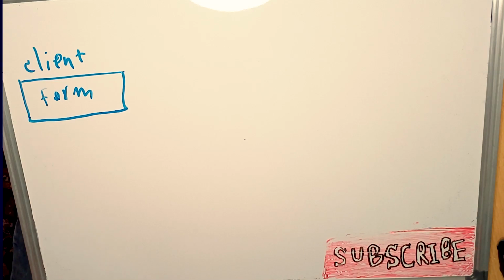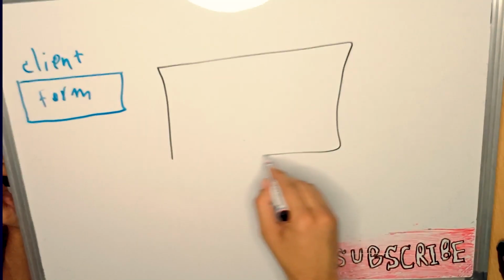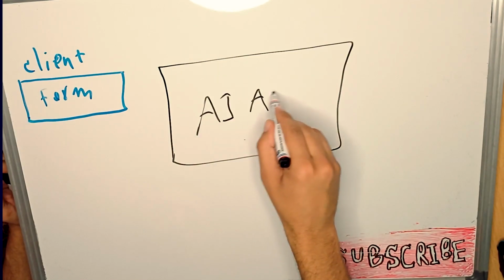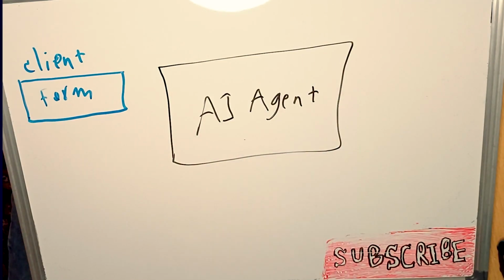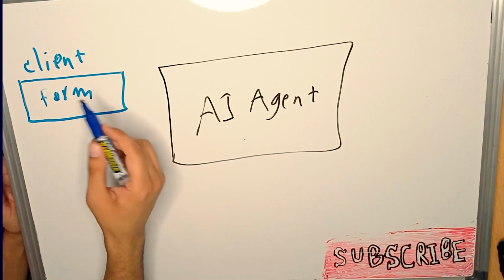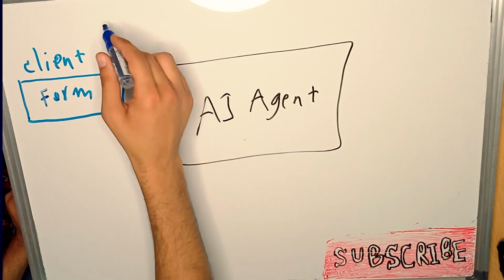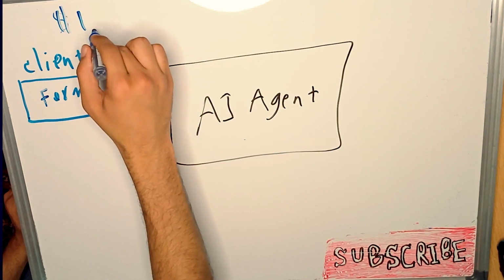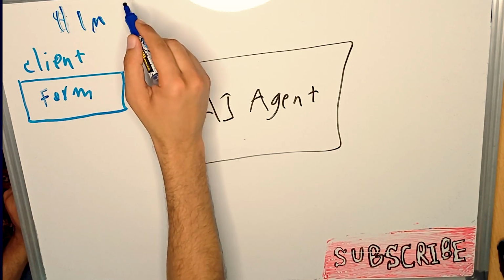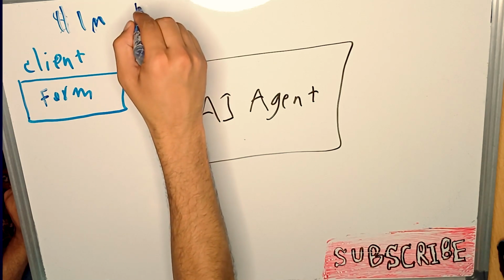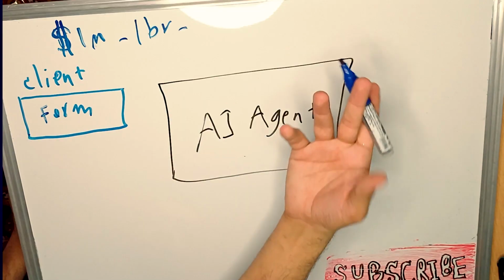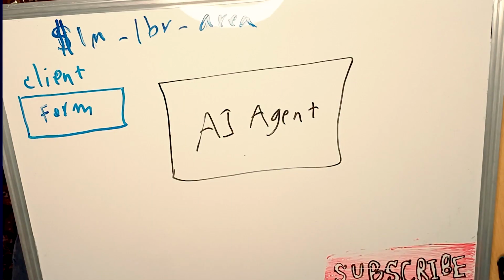But how exactly do they do this? This is AI agents, like all of them, n8n, Zapier, whatever. So when your clients fill out the form and say, for example, I have, I don't know, maybe $1 million. I want a one bedroom apartment, specific area, and this is my number, this is my email.